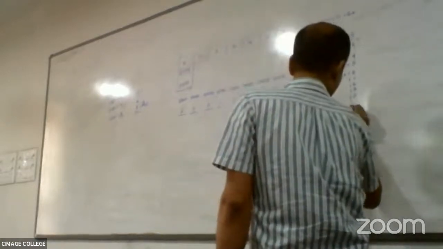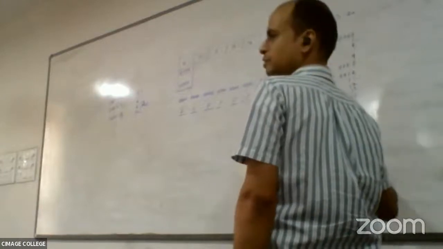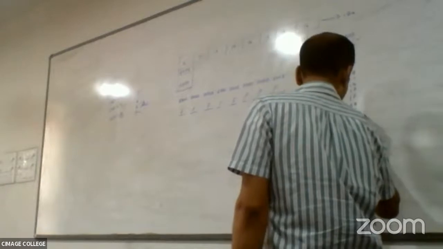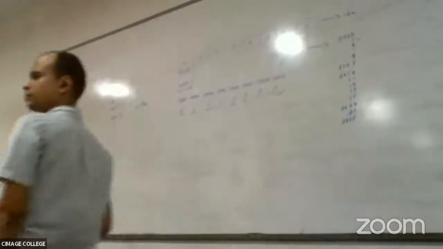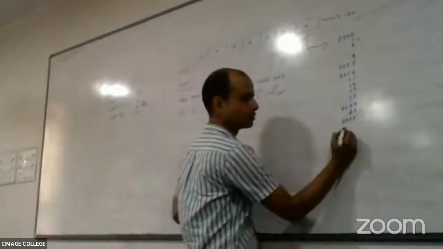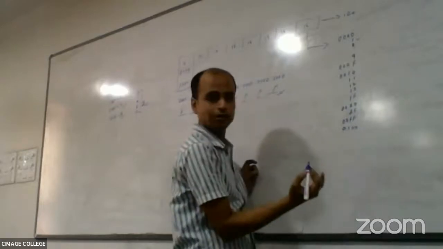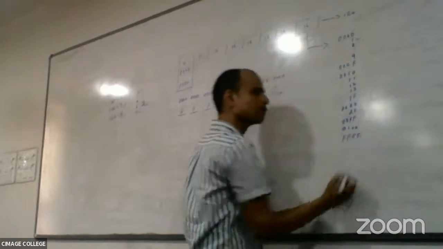Very good. 0 0 2 0. Then the last value will be 2F. Then again, in this way, we will reach this point. Now the next value will be 0 1 0 0. Definitely. In this way, the last value will be fine.